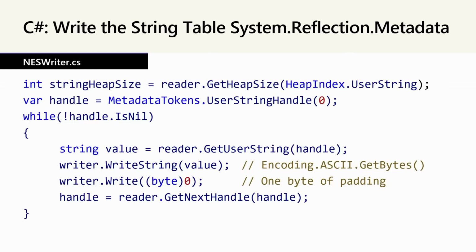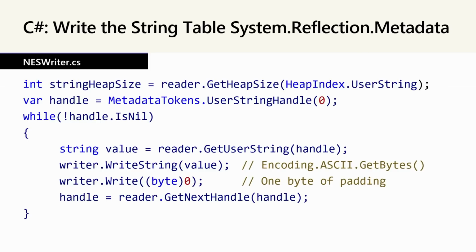And that's why the while loop looks a bit weird. Checking handle is nil, a struct can't be null, and so they have a property to check if the struct is empty. So while you're looping through the strings, it doesn't actually allocate until you call GetUserString, and you give it a handle to a row in the table, and you get the actual string value.